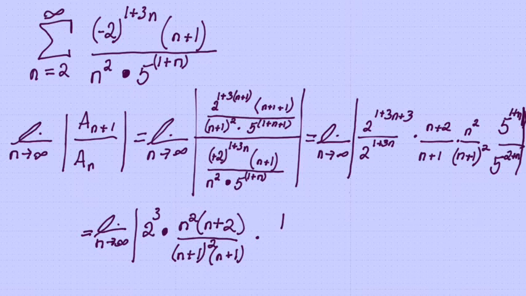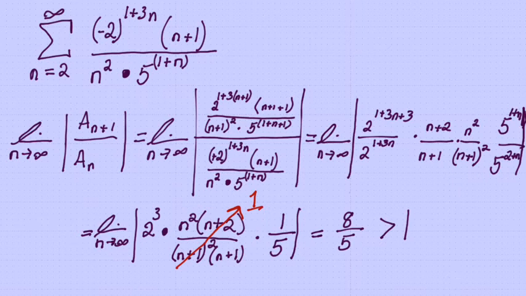So it's 1 over 5. That will simplify too when you subtract the exponents. And now this guy with all the polynomials, that goes to 1 because of leading coefficients. Again, it's a cubic in n over a cubic in n. Leading coefficients are 1 over 1. So this limit is going to go to 8/5. That's greater than 1. So our series diverges.